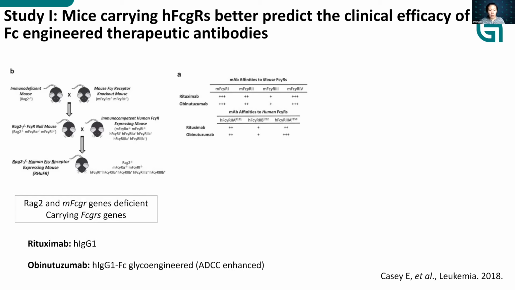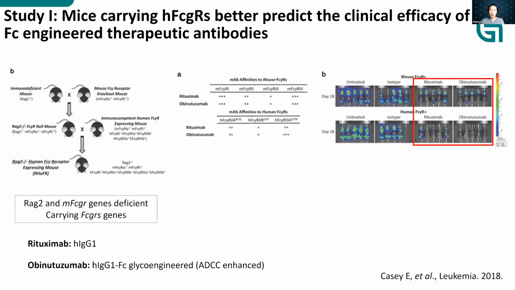In the experimental mice, their mouse Fc-gamma receptor genes have been knocked out, and instead they have been given the human Fc-gamma receptor as a transgene. So basically, both mice are immunodeficient so that they can be engrafted with human tumor. At the same time, the control mice express mouse Fc-gamma. The experimental mice express human Fc-gamma.